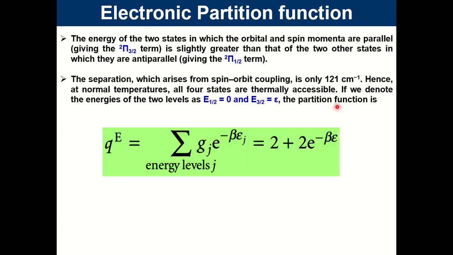The partition function can be written as the degeneracy times the exponential term, e to the power minus beta epsilon j, and as you take the summation, since the ground state is degenerate, you will get 2 plus 2 times e to the power minus beta epsilon.